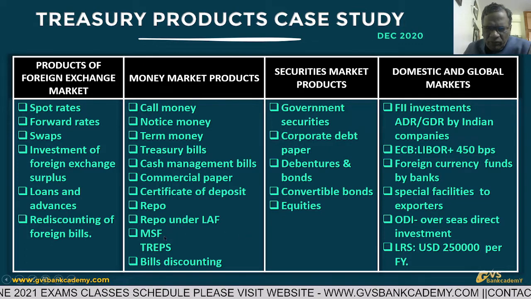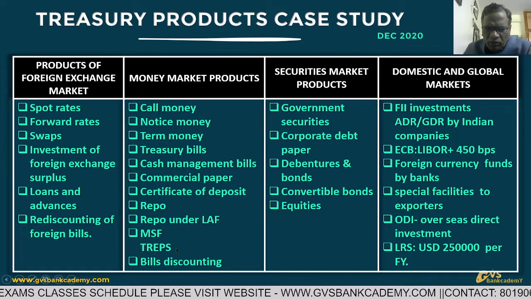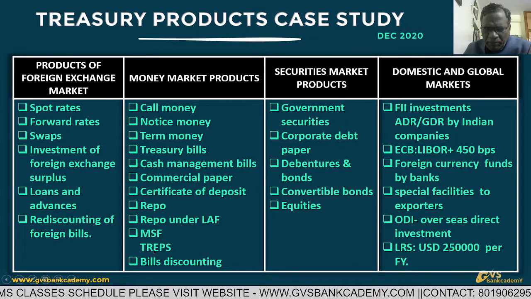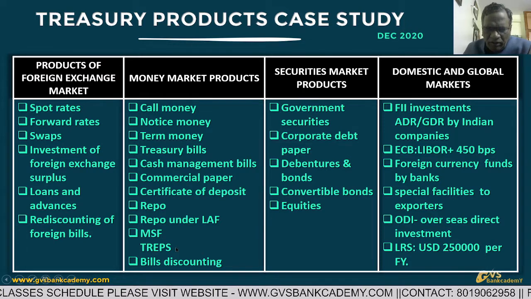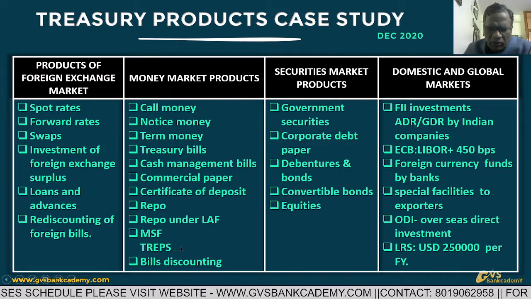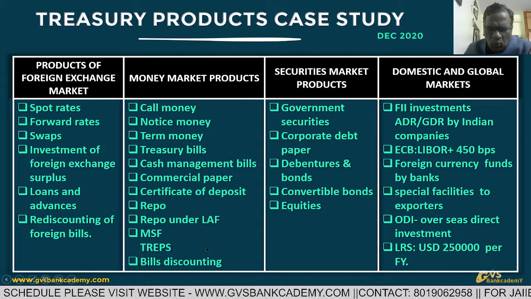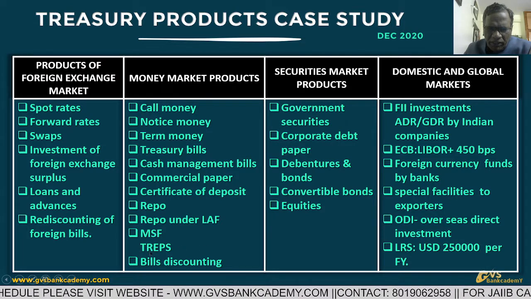Rate of interest is 4.25. TREPS, tripartite repo, operated by RBI. Minimum borrowing or lending amount is 5 lakhs, for 1 day to 1 year. This is called a tripartite repo.